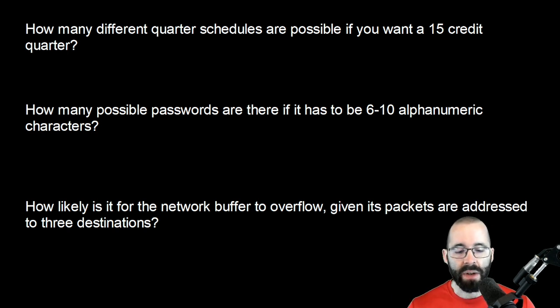We could also ask how many possible passwords are there if your password is 6 to 10 alphanumeric characters. A much simpler question to answer, I think, and we will actually address that in the next video. Not this video. And again, a more complicated question is how likely would it be for a network buffer to overflow if we know its packets are addressed to 3 different definitions? Is another concept we're going to talk about in this chapter.